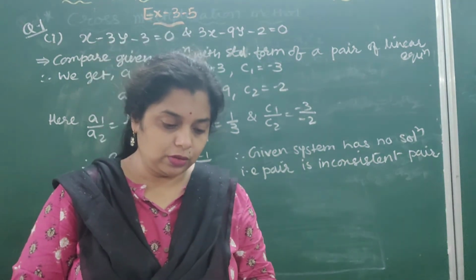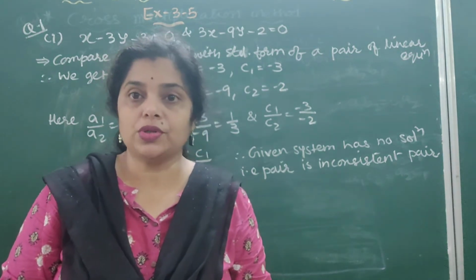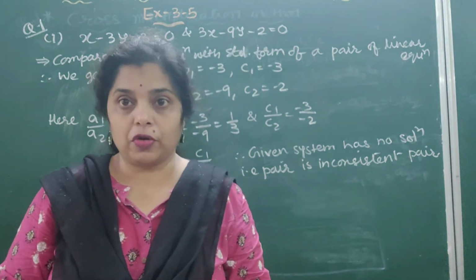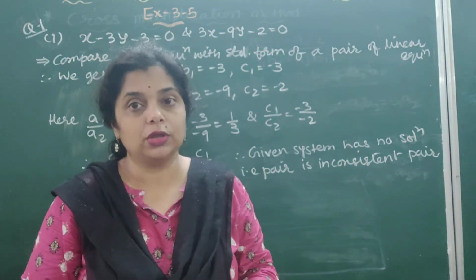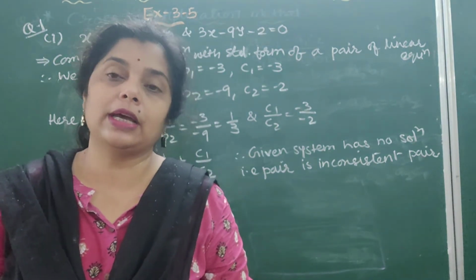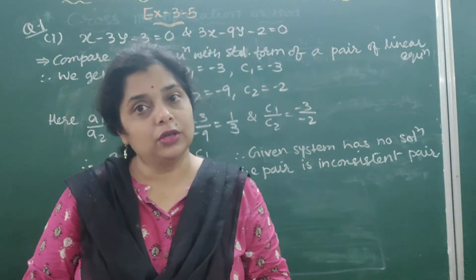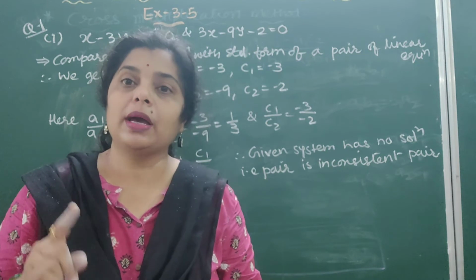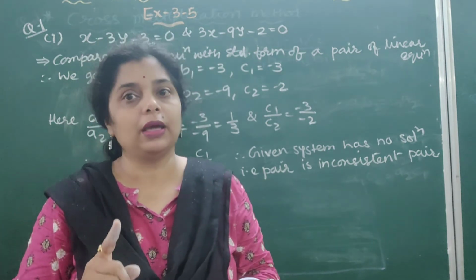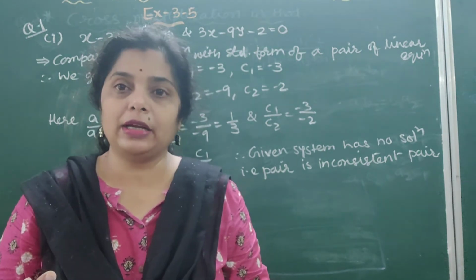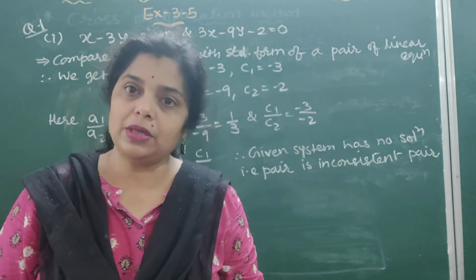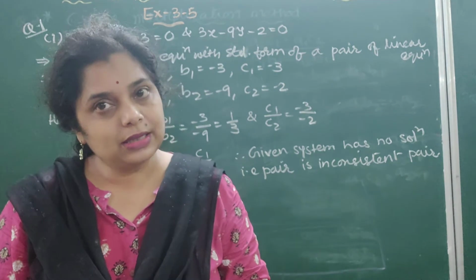So here a total of 4 sums are given in question 1, and for each pair you have to first check whether it has a unique solution, no solution or infinitely many solutions. So for a unique solution, what is the condition? a1 by a2 is not equal to b1 by b2, and for infinitely many solutions, a1 by a2 is equal to b1 by b2 is equal to c1 by c2.